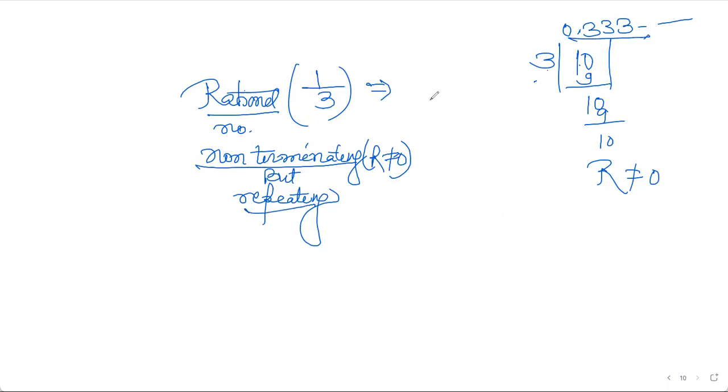So what to write for this? 1 by 3 in decimal can be written as 0.3 with a bar, and this is a single digit, so this bar represents that this number is repeating continuously. This is clearly non-terminating but repeating. If it would have been root 3, then it is non-terminating, non-repeating. That is clearly another wing of the number system.